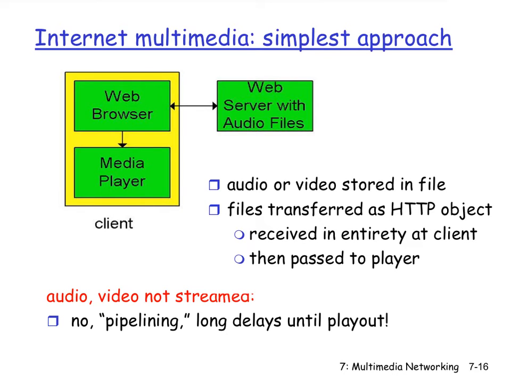So we fetch the multimedia content as we fetch the content for any file. For us, it's like we are downloading the entire file, so no streaming there. We're downloading the entire file, and then the web browser will feed that file to the media player, and then the media player will start playing that.